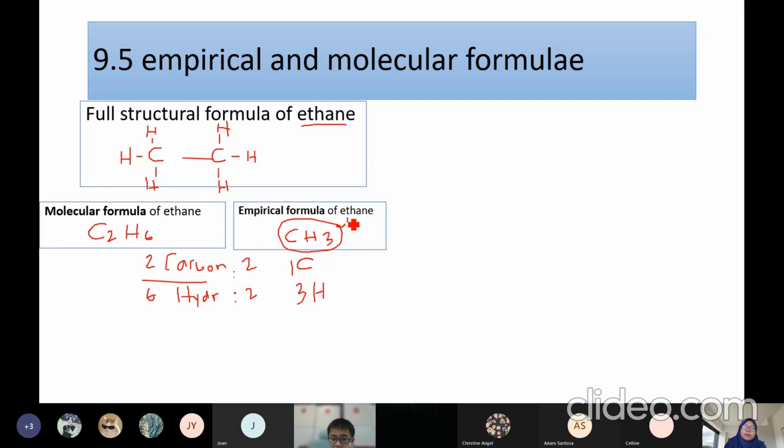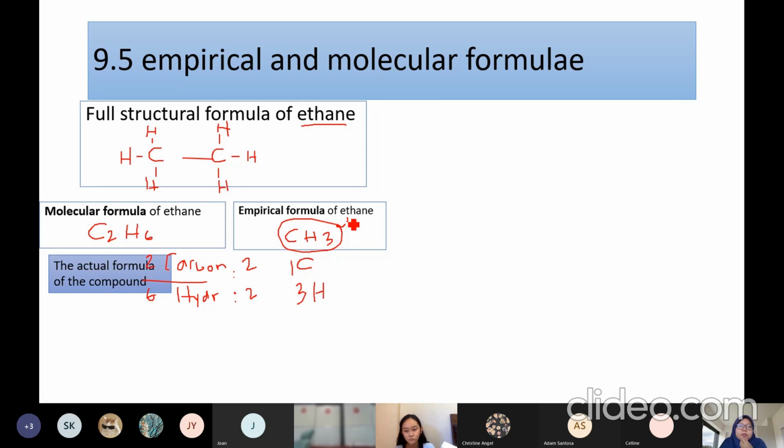So what is meant by the empirical formula? It is the simplest formula of a compound, the simplest ratio of atoms in a compound.